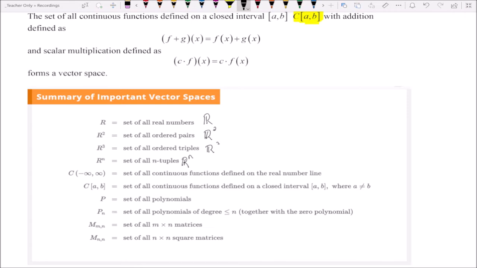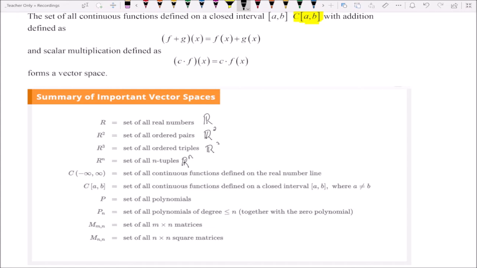So that's R, R^2, R^3, R^n. We have the set of all continuous functions, as well as the set of all continuous functions on some closed interval. The set of polynomials, the set of polynomials of degree less than or equal to n, together with the zero polynomial.